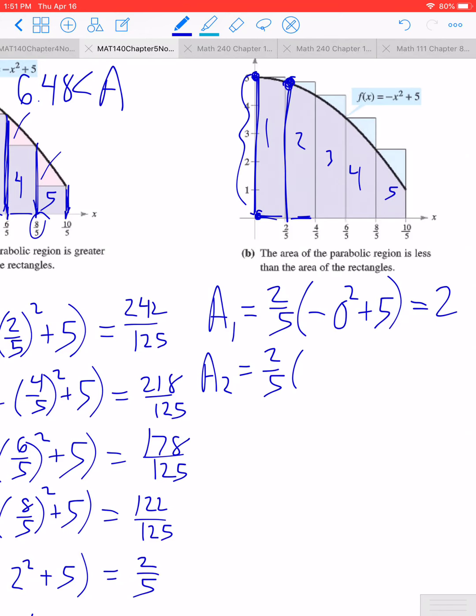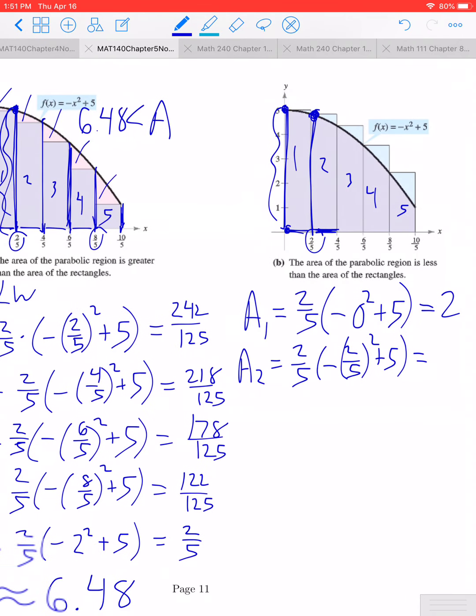Its height is given by the left endpoint of its interval, which would be 2/5 squared plus 5. And that part was a calculation we just had done earlier. That's what, 242 over 125. It kind of matches up with this one from earlier.